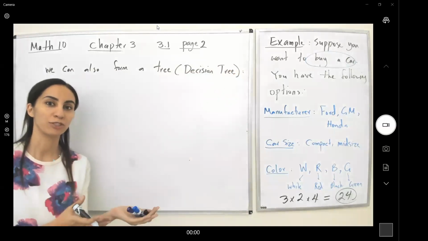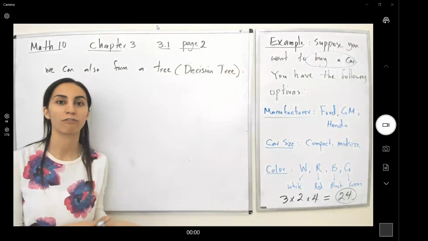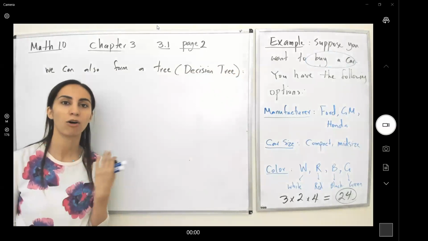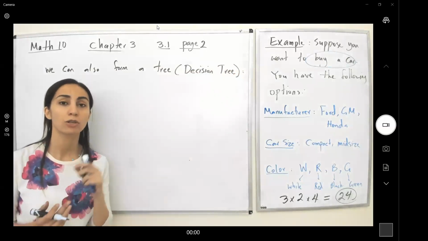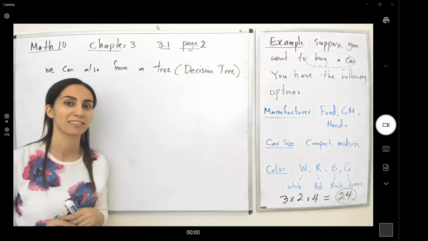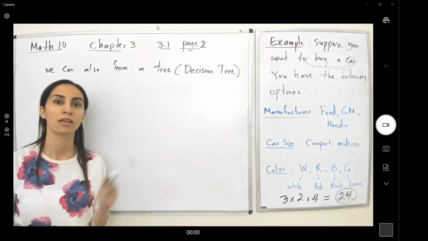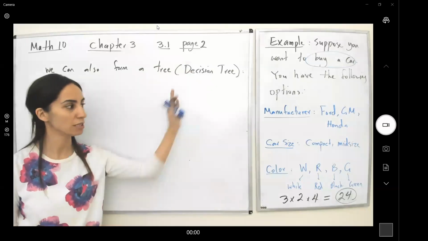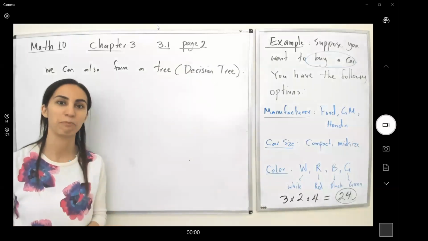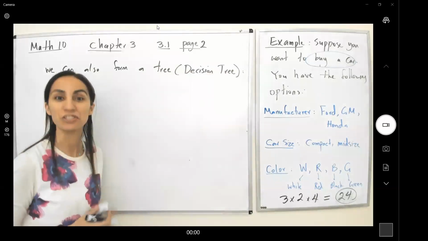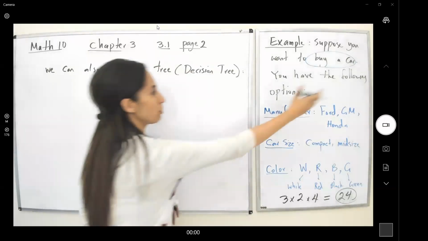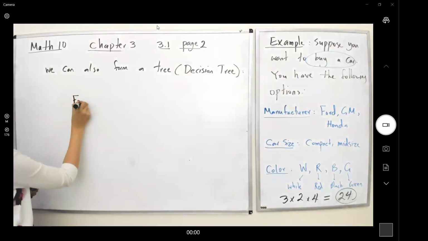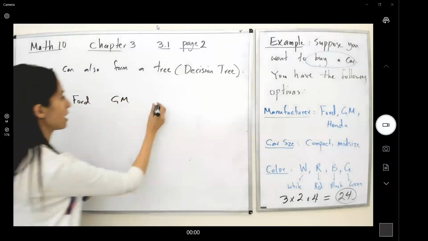When you are a member of social media like Facebook, Instagram, and so on, they use algorithms to connect you to your friends. Those are using complex decision tree algorithms. So this is the fundamental and basic idea of the decision tree. So here, suppose you have 3 different cars, Ford, GM, and Honda.